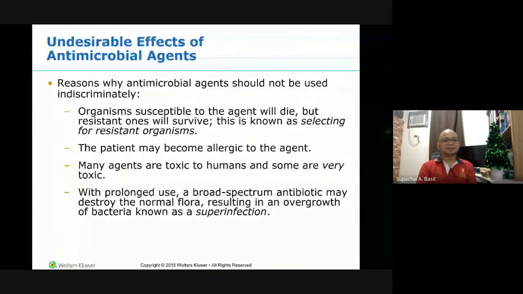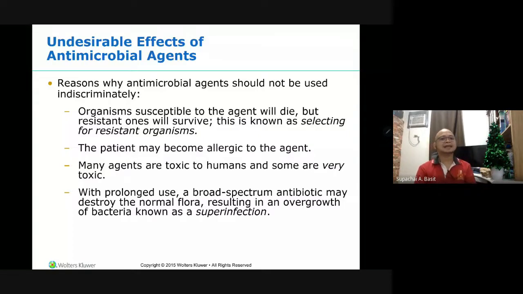Organisms susceptible to the agent will die, but resistant ones will survive. This is known as selecting for resistant organisms. The patient may become allergic to the agent. Many agents are toxic to humans and some are very toxic.